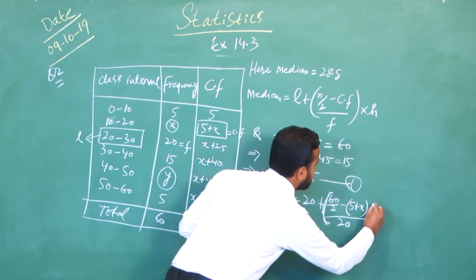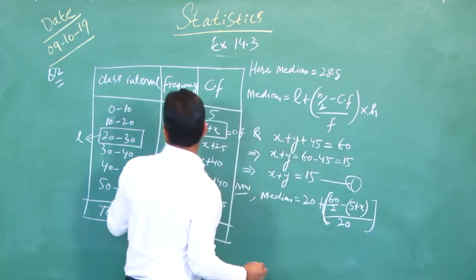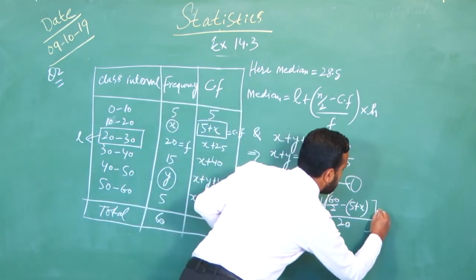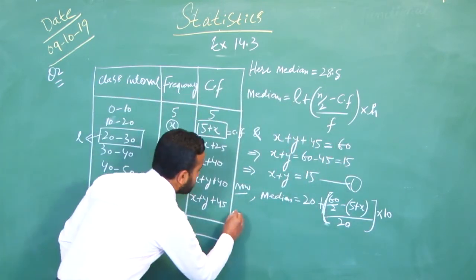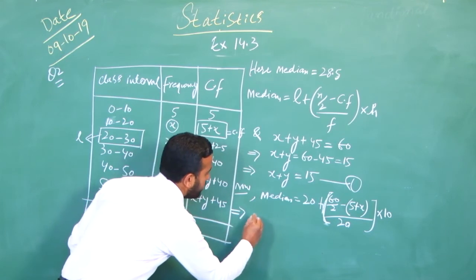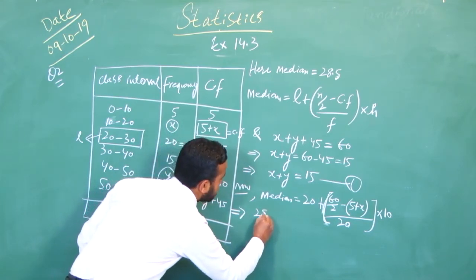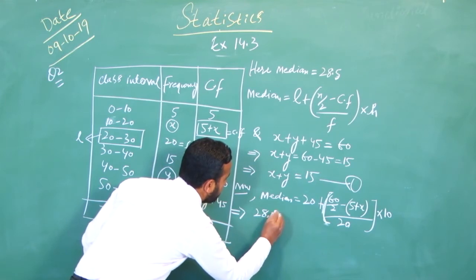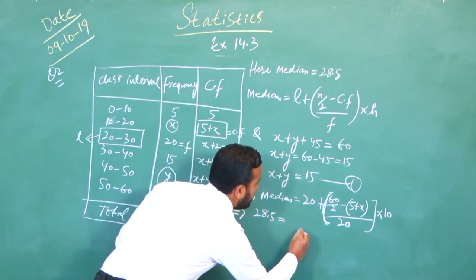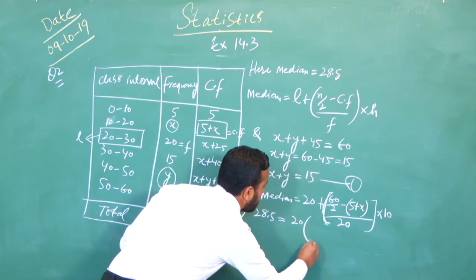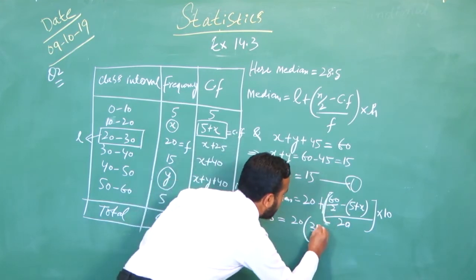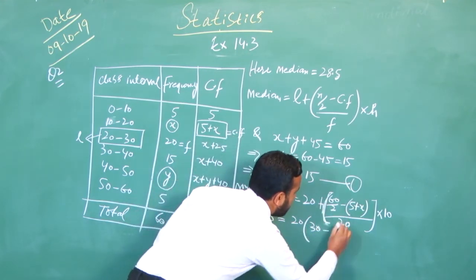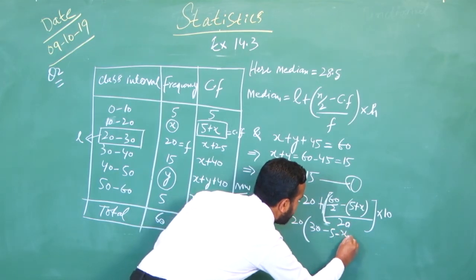and then h. h is the class size, that is 10. And also we have been given in the question the median, that is 28.5, which is equal to 20, and then 60 divided by 2 is 30, then minus 5 minus x divided by 20 multiplied by 10.